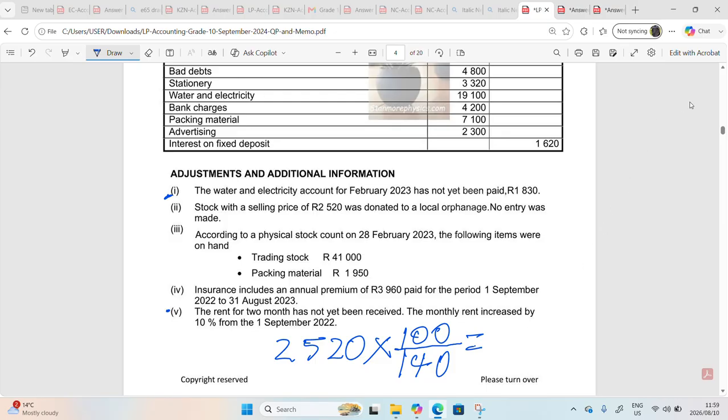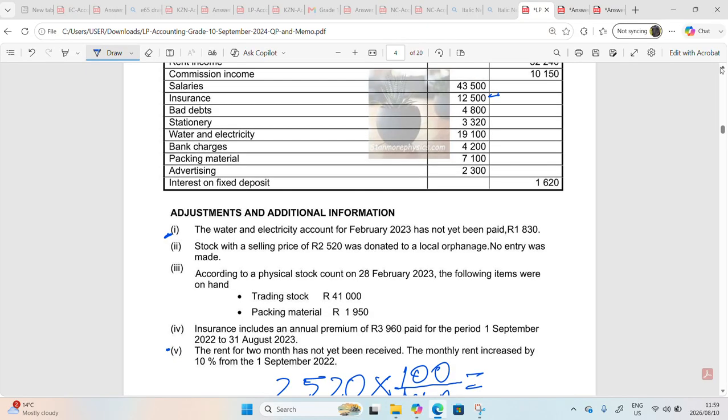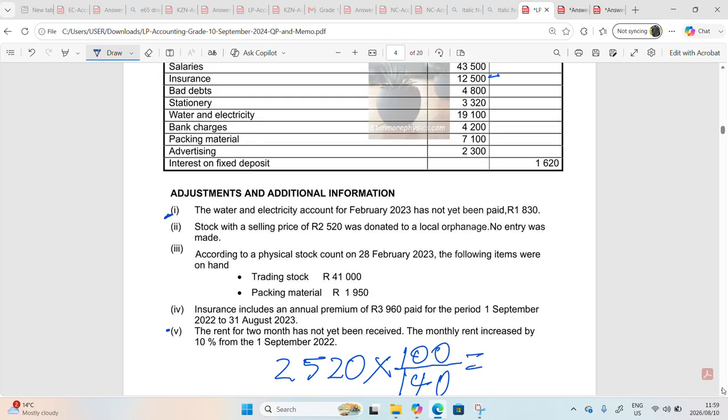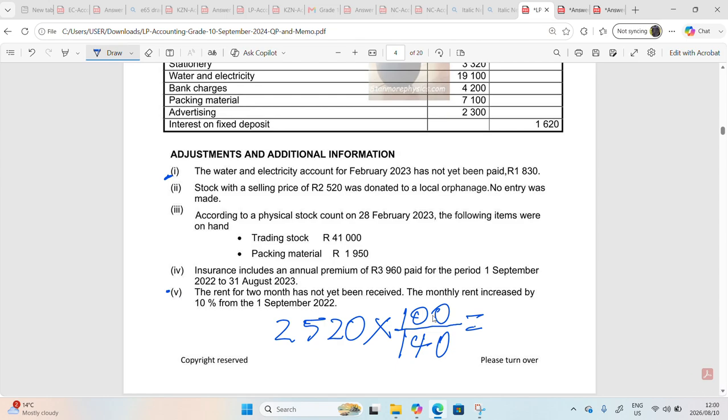Okay, remember guys, I did show you those calculations at first, how we calculated the cost price and the selling price. Right, so you can just press your calculator. So I'm getting a cost price of 1,800.